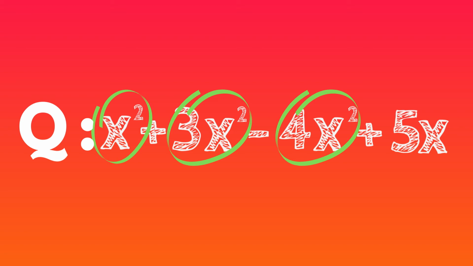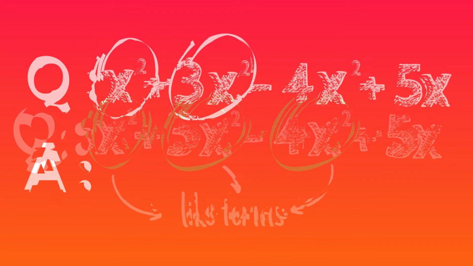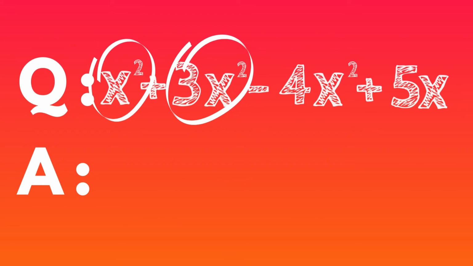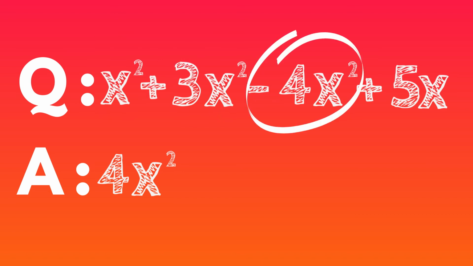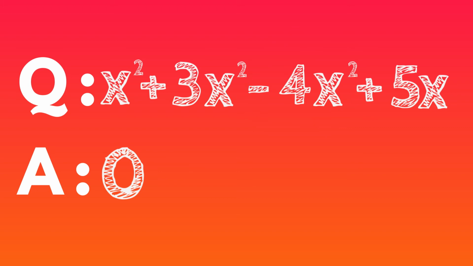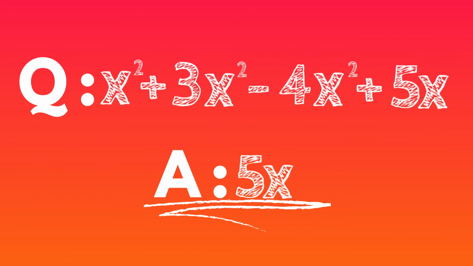All of them have x squared, so we call them like terms. So x squared plus 3x squared gives us 4x squared. 4x squared take away 4x squared gives us 0. So for the x squared, we've got 0. Then we are left with 5x. So our answer is 5x.